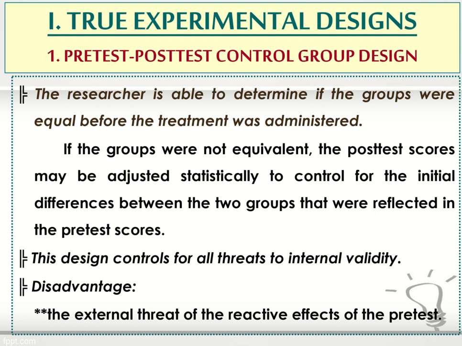Example natin, a nurse researcher might be interested in the usefulness of a diabetic teaching film. A group of clients with diabetes are randomly assigned to the experimental or comparison group. Both groups are then pre-tested on their knowledge of diabetes. Members of the experimental group watch the diabetic teaching film.